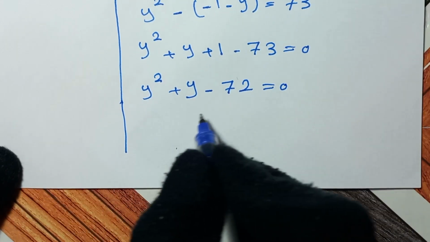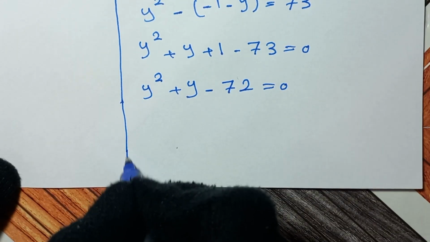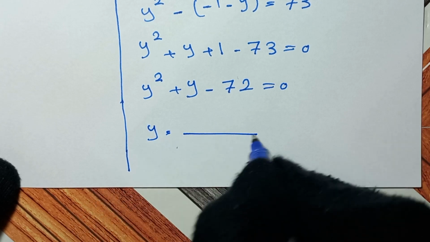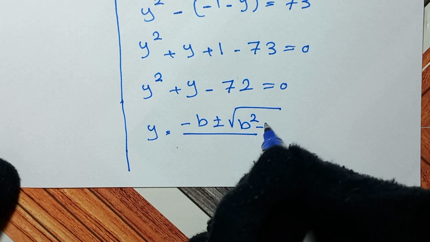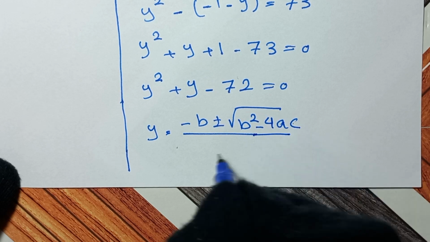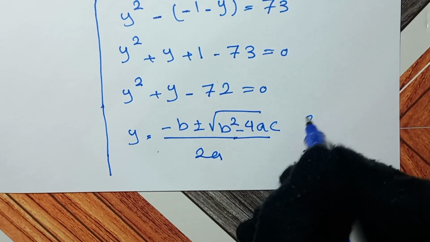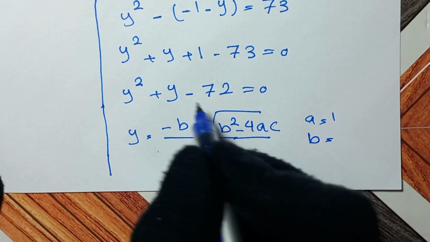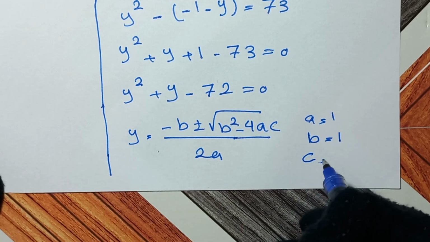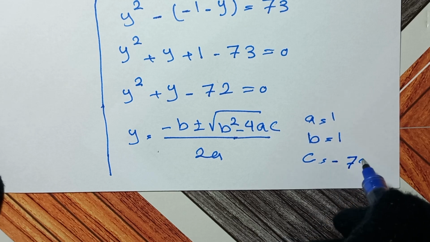Here we have a quadratic equation, and we use the quadratic formula, which is y equals negative b plus or minus the square root of b squared minus 4ac, over 2a, where a is the coefficient of y squared, which is 1, b is the coefficient of y, which is 1, and c is the constant, negative 72.